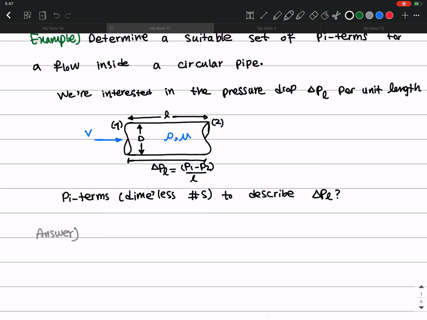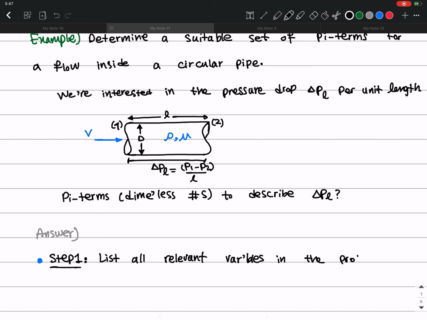Okay, so step 1, you should list all relevant variables in the problem.